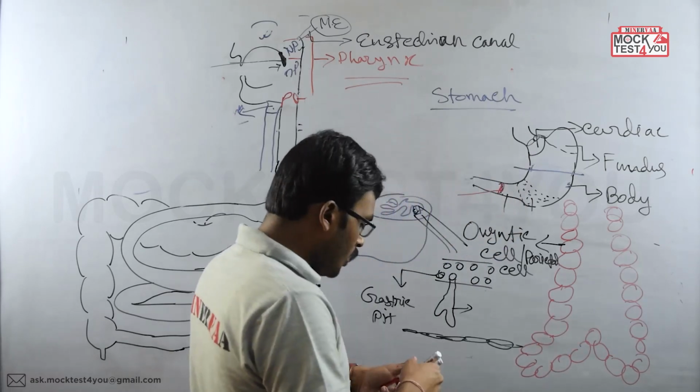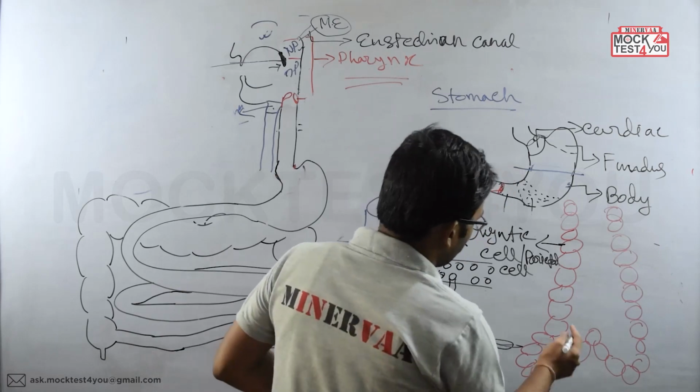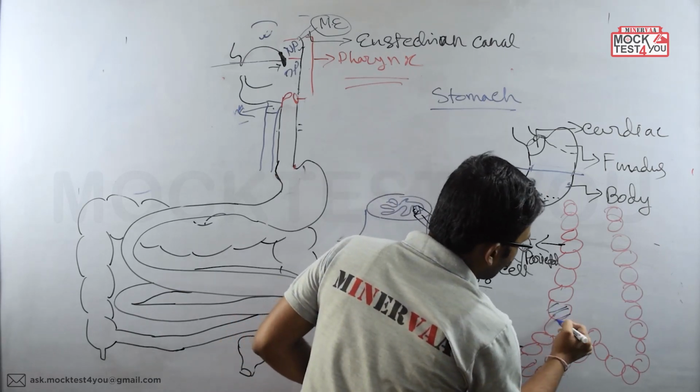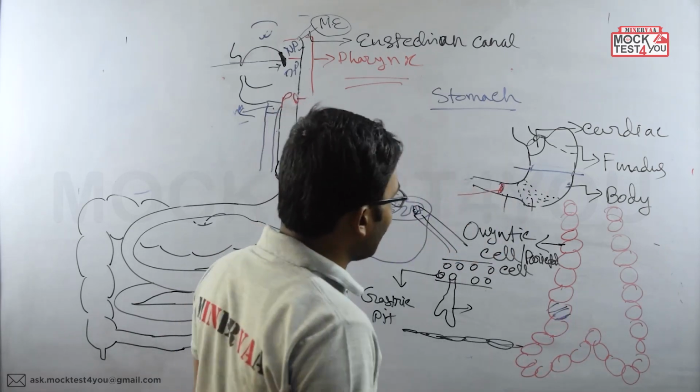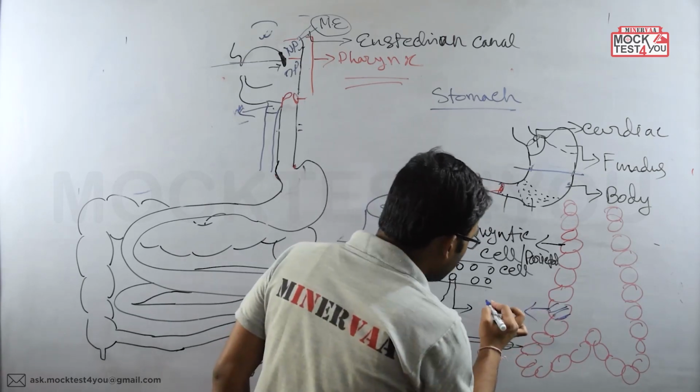Next, toward the base region over here, we are getting a special kind of cell which is known as the zymogenic cell.